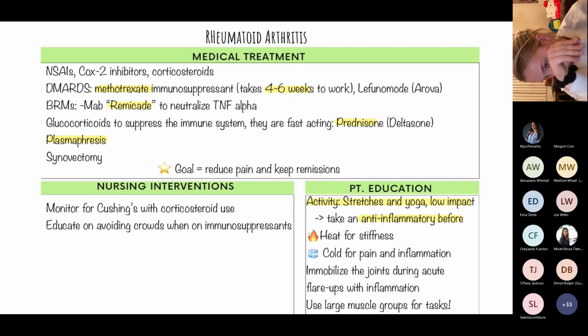We're probably going to have them use the back of their hand or something, simply because they need to be using larger muscle groups for tasks like that, because they're going to have a really hard time, especially with the joints, doing fine motor skills with our smaller muscle groups, if that makes sense.